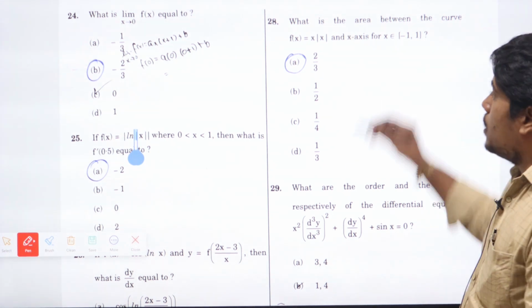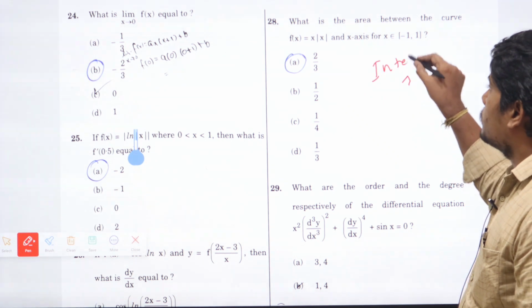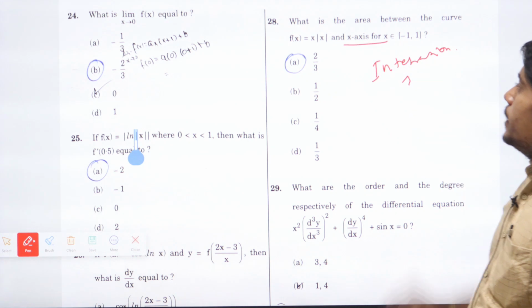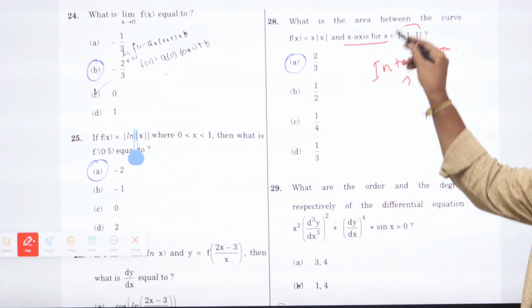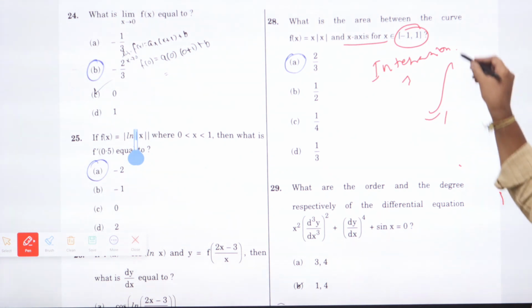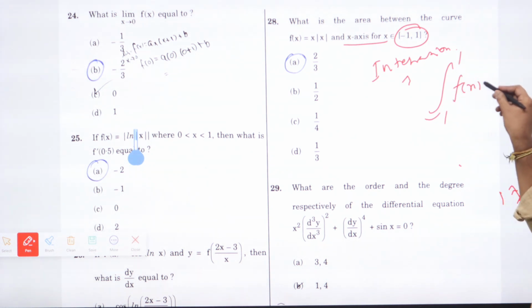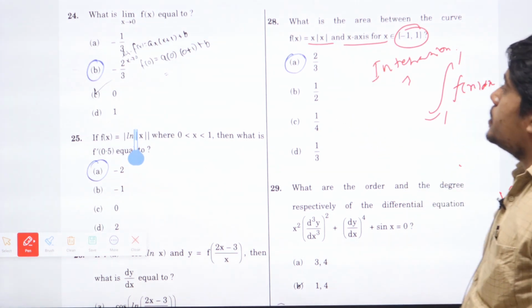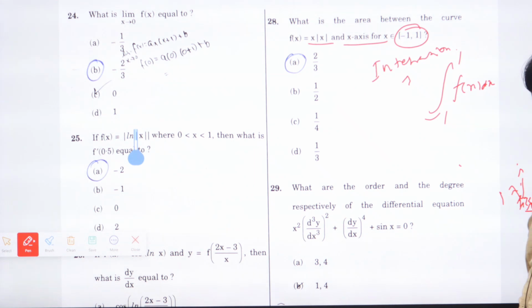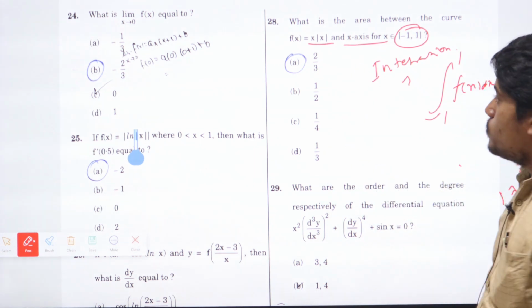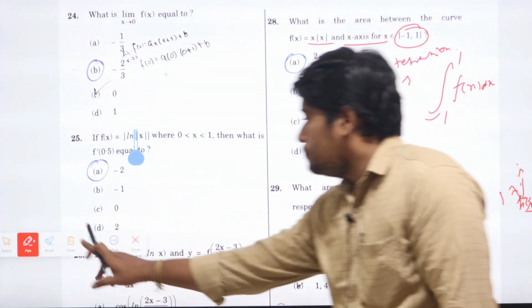This is an application of integration, revolving about the x axis. With the limits from -1 to +1, the function f of x dx, where the function is x into modulus of x, we get option A, 2/3, as the right answer.